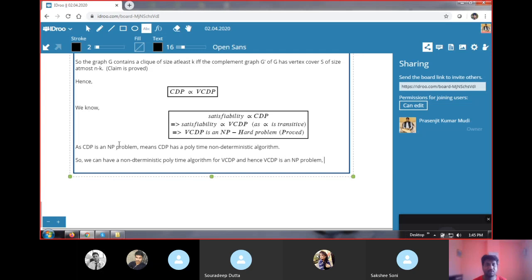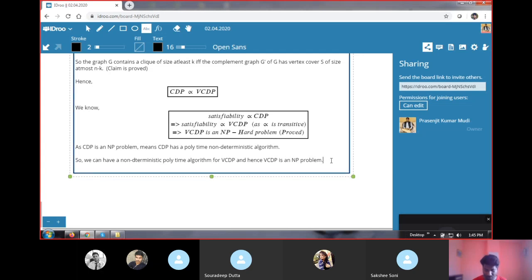Because CDP reduces to VCDP, we have a polynomial time non-deterministic algorithm for CDP. That means obviously this is having a non-deterministic polynomial time algorithm. So it's an NP problem.